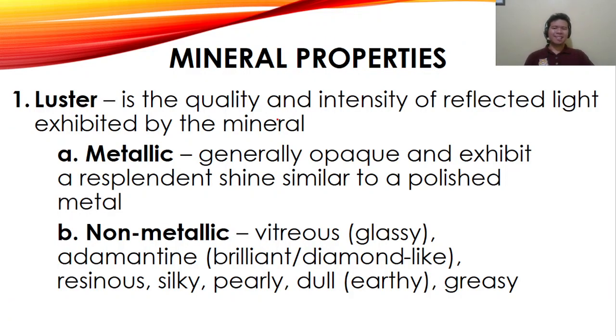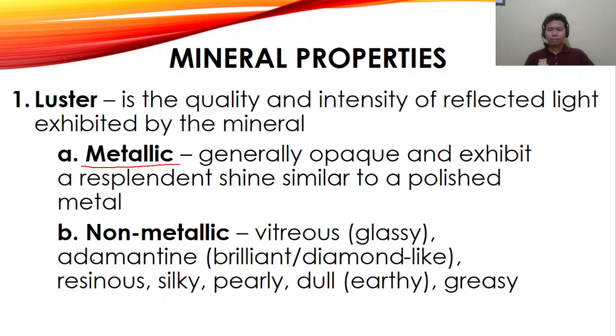Okay, first let's have luster. Luster refers to the quality and intensity of reflected light exhibited by a mineral. If it is shiny, having a resplendent shine similar to polished metal, then it is considered metallic, such as gold and silver.